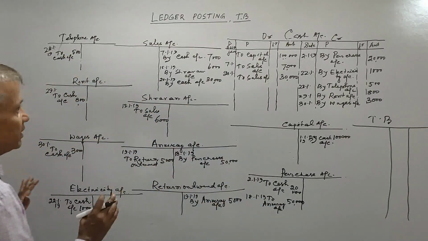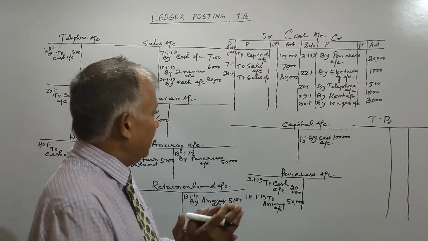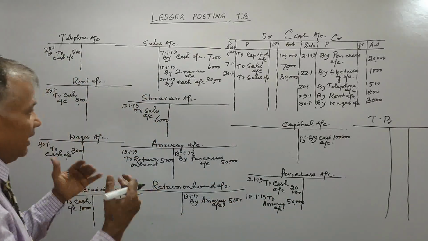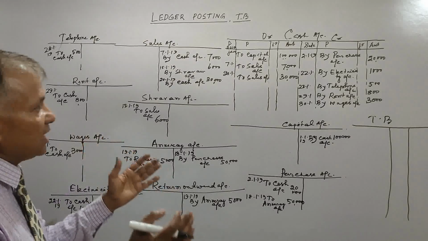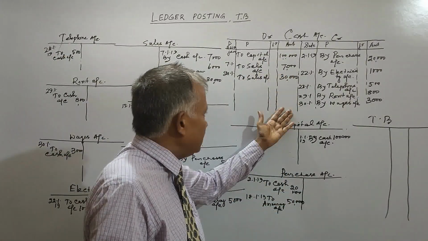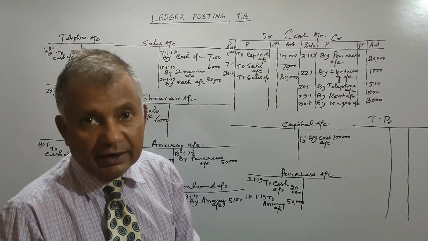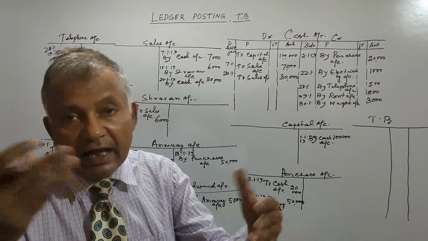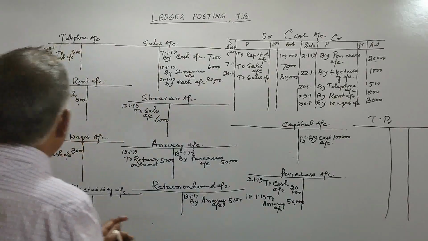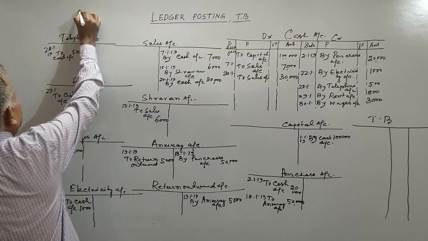The next part is your balancing of ledger. As I have told you, the balancing of ledger is just like this: take the side total which is higher. Right? The balance will come in the other side. You can take the example of a taraju, a scale.